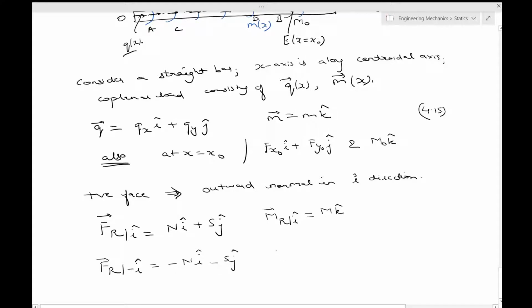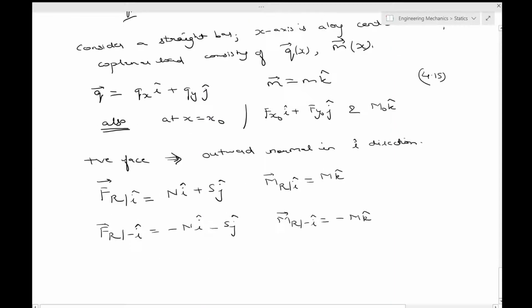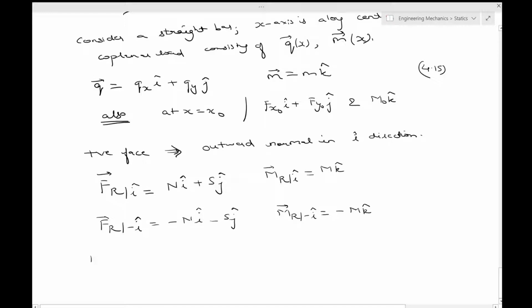Okay, and M R minus I hat is equal to minus of M K hat. So N is the normal force, S is the shear force, M is the bending moment.